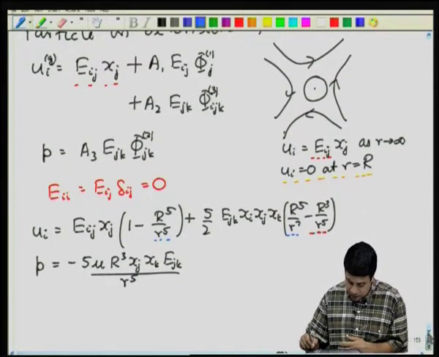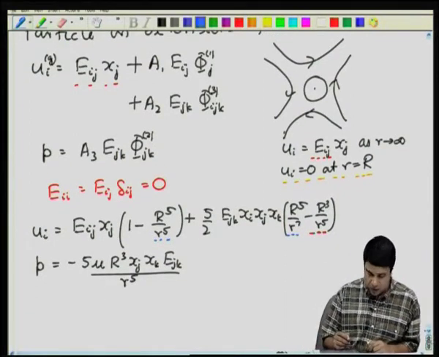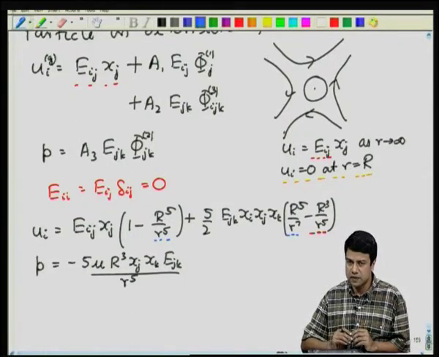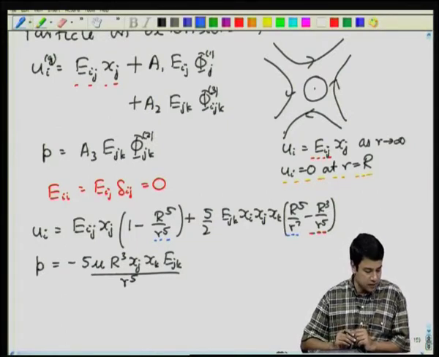Using these expressions, I can now calculate the stress tensor, minus p delta ij plus mu into partial ui by partial xj plus partial uj by partial xi. It involves a little bit of algebra. It might be worth your while to try and go through it. I will just give you the final result here.